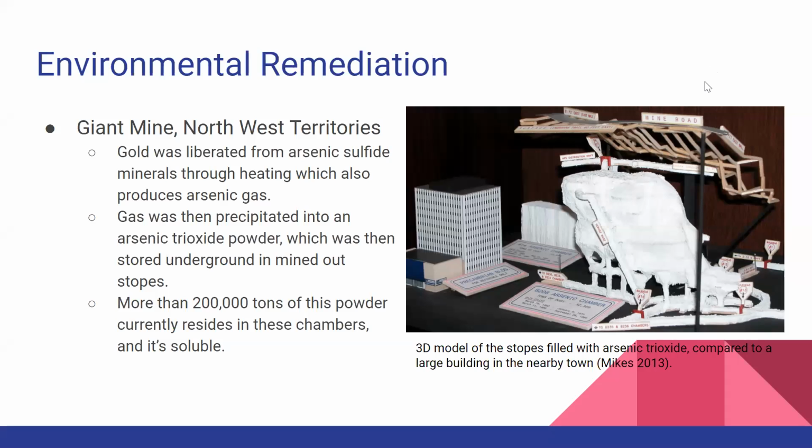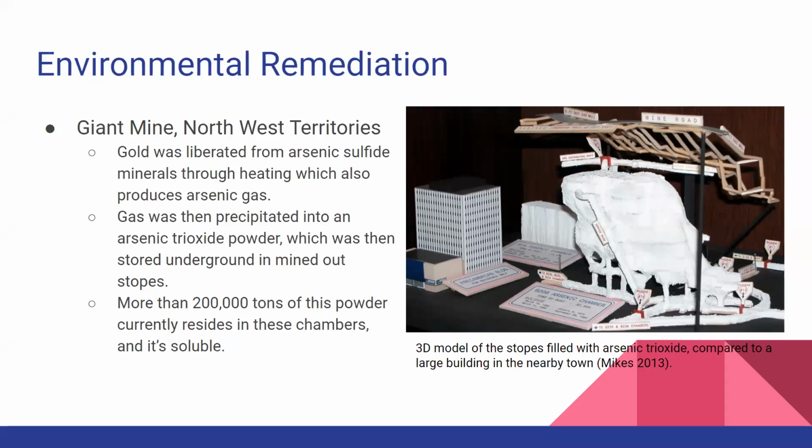So the most extreme example of arsenic remediation by human-caused means is probably Giant Mine in Northwest Territories, Canada.